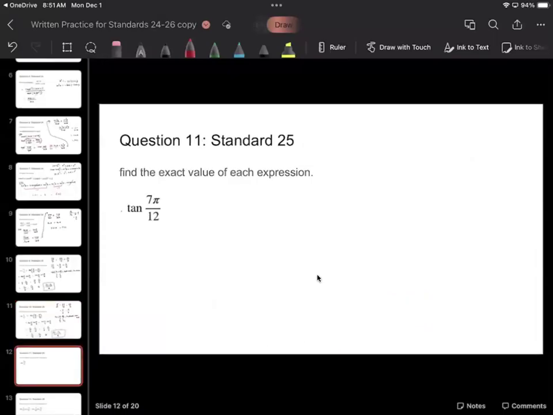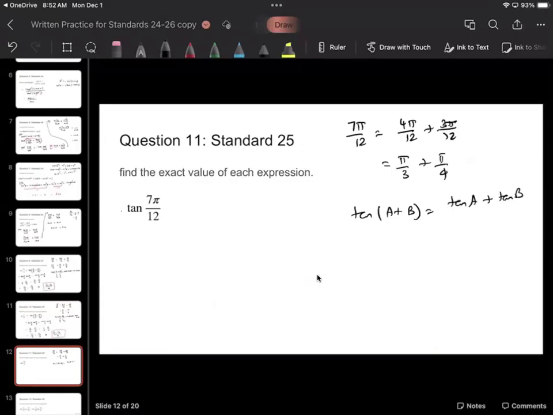All right. So 7 pi over 12. We have already established what 7 pi over 12 is. It is nothing but 4 over 12 plus 3 over 12. 4 over 12 is pi over 3 and 3 over 12 is pi over 4. And the sum formula for tangent will be tan A plus tan B over 1 minus tan A tan B, right? So this one becomes tangent of pi over 3 plus pi over 4.